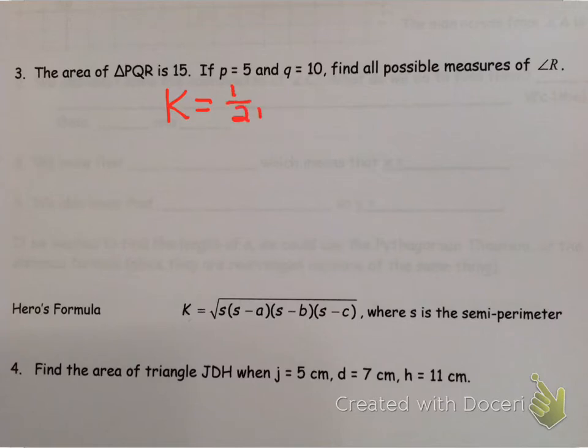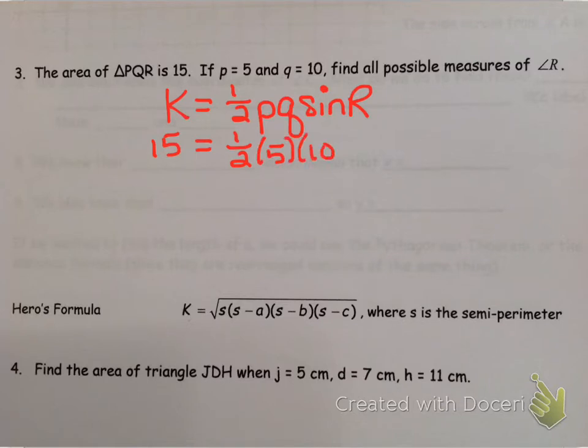In this case, I know side P and side Q, which means I would need to know angle R, which would be the angle in between them. Okay, and this time I know my area is 15. I know side P is 5, and I know side Q is 10. And I'm trying to find all the possible measurements for angle R.